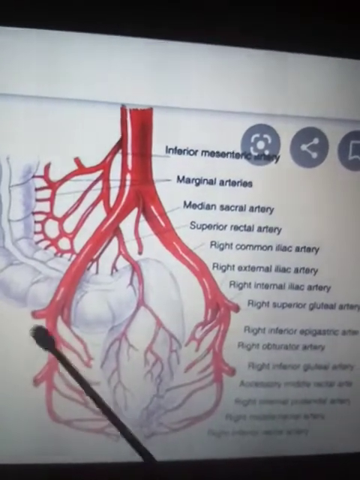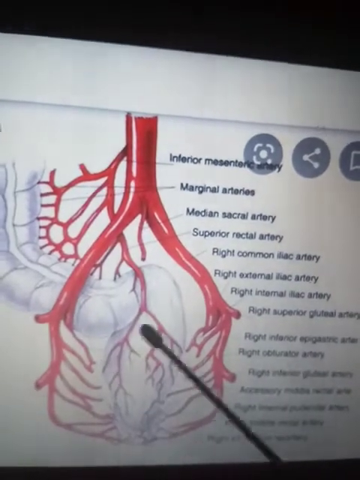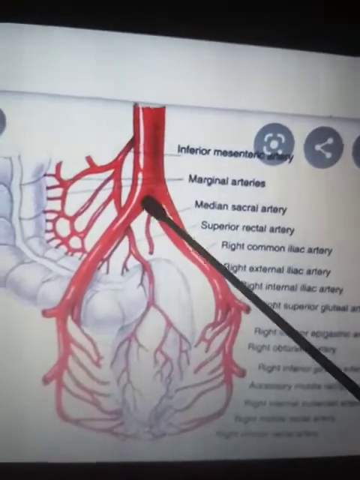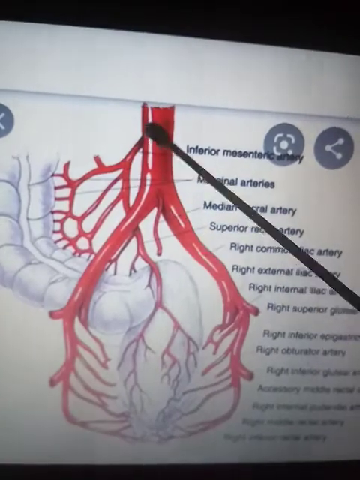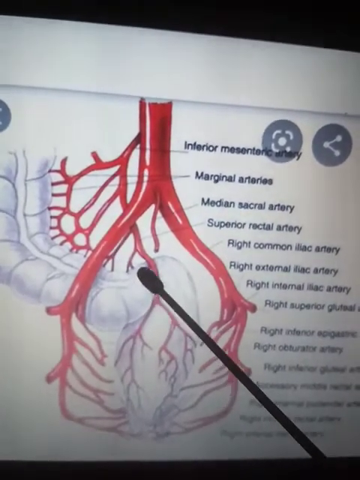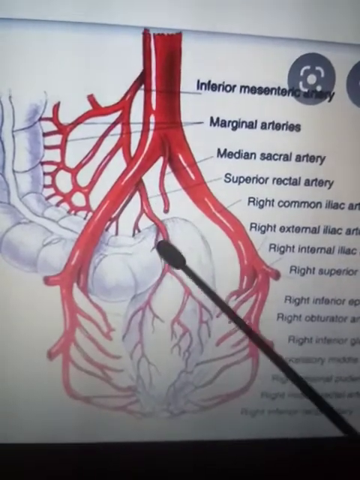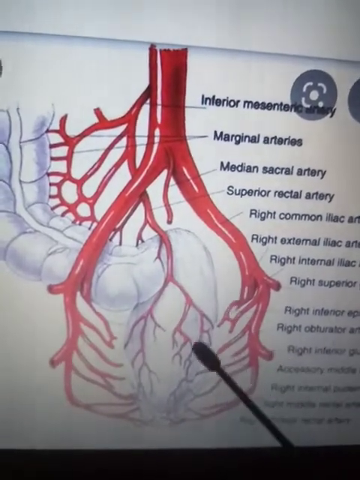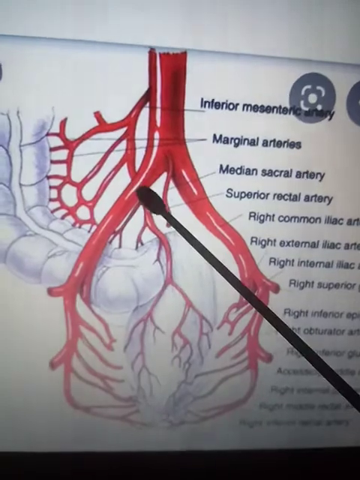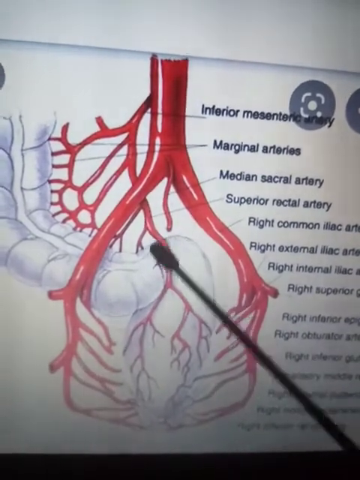Lower down, in front of the lower 3 sacral vertebrae, this superior rectal artery branches.